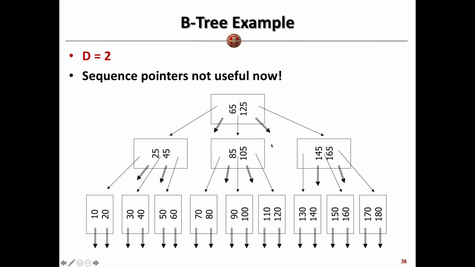And it also has two concrete record pointers pointing to the data tuples matching 65 and 125. Similar for the children nodes, we will have two keys inside it. We have two different kinds of pointers pointing to either children nodes or concrete data tuples. As to the leaf node, we only have one kind of pointer because below them we have no other children nodes anymore. We only have the pointer pointing to the concrete data tuples matching such keys.